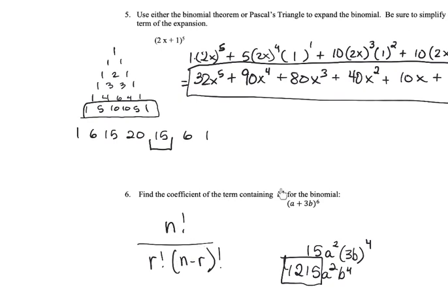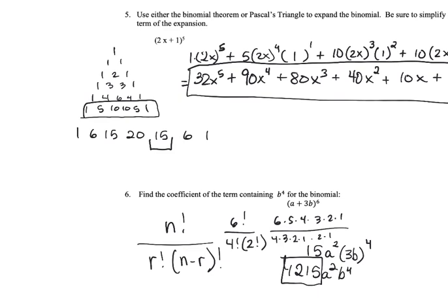N is the original exponent, so n would be 6. R, in this case, would be 4, because we want the b to the 4th. So if we did 6 factorial divided by 4 factorial, and then 6 minus 4 would be 2, so that's 2 factorial. 6 factorial means 6 times 5 times 4 times 3 times 2 times 1, and then 4 factorial is 4 times 3 times 2 times 1, and then 2 factorial is 2 times 1.